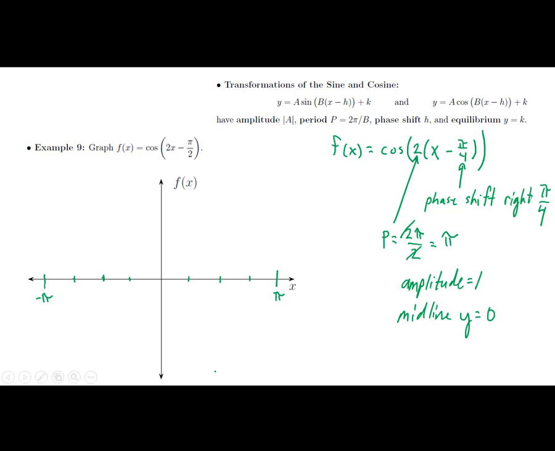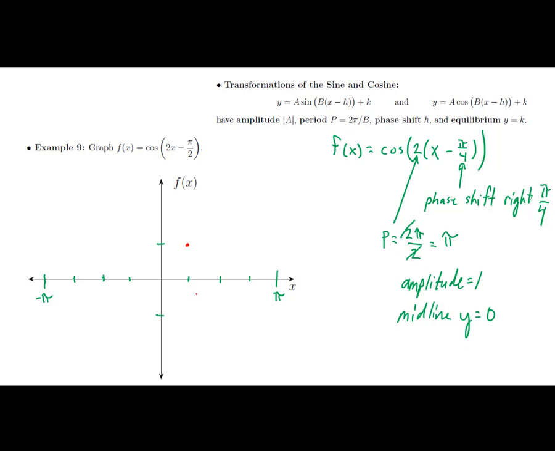All right, so we really do have all the information we need. I'm going to mark that as 1 and mark that as negative 1. Because I have this phase shift of pi over 4, cosine normally would be starting at its maximum at 0, but instead it's going to start at pi over 4.